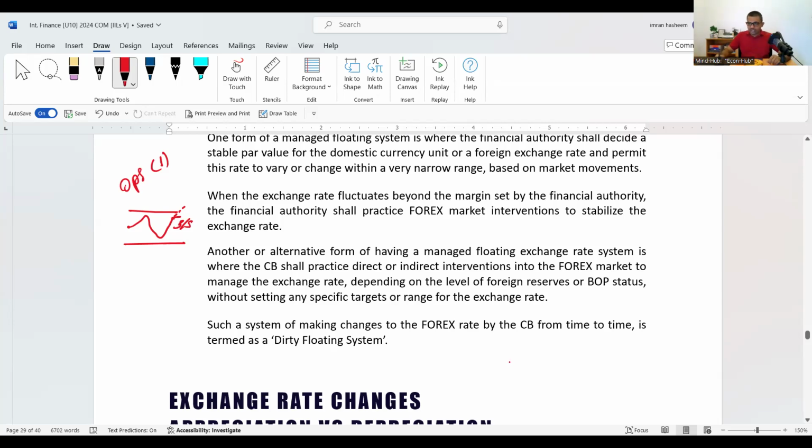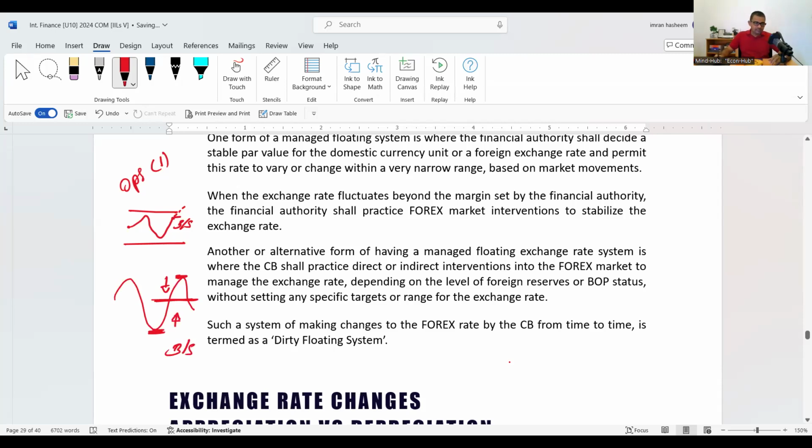So here the exchange rate will fundamentally be like the floating system, decided by demand and supply. It will fluctuate, and when the central bank feels there are too many fluctuations from high to low, it will try to keep it at a middle level. Here they will try to bring it up, here they will try to bring it down, and to keep it at this middle level, they directly buy and sell.